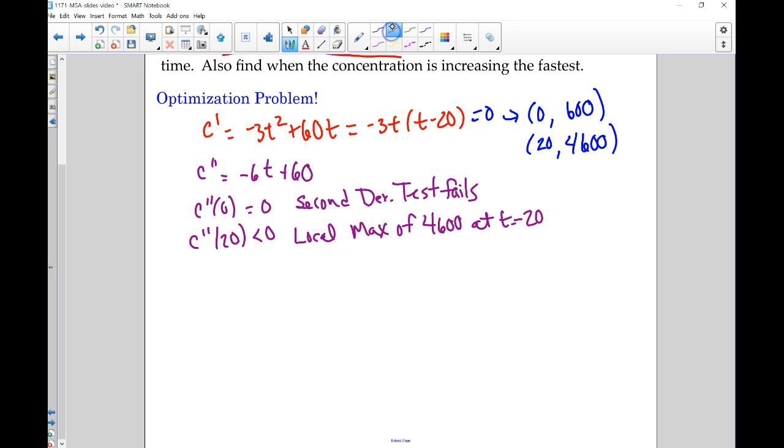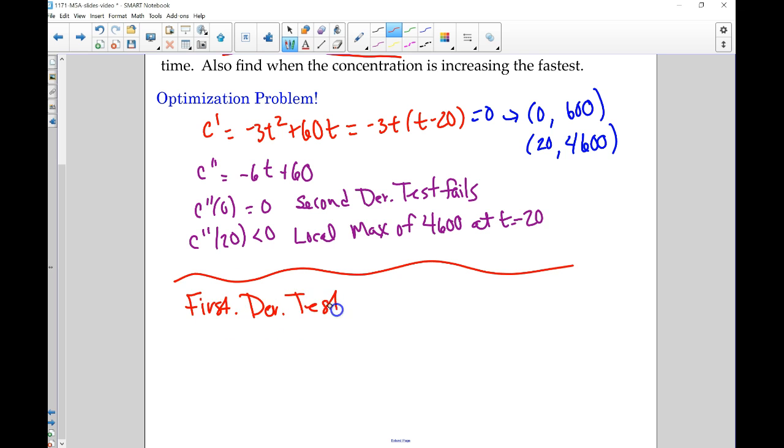So I definitely need to do the first derivative test. Okay, so c prime and c, let's see, then 0, this is inclusive, 20 and 30.